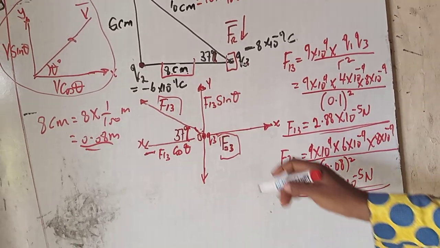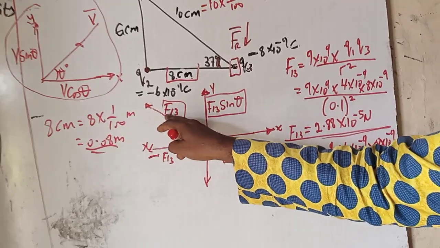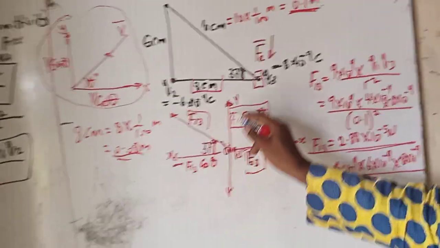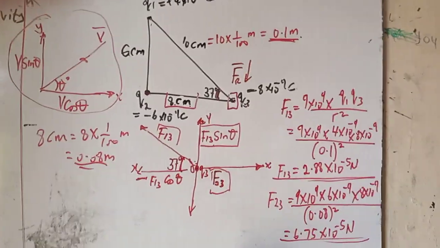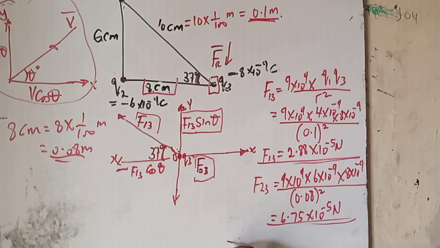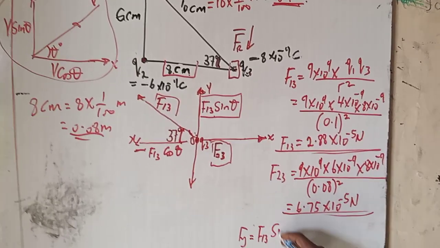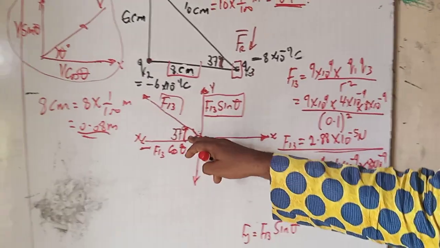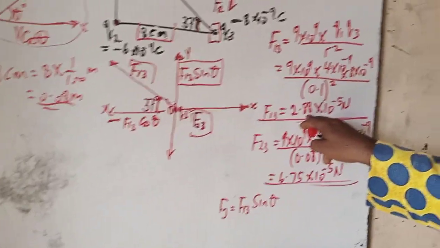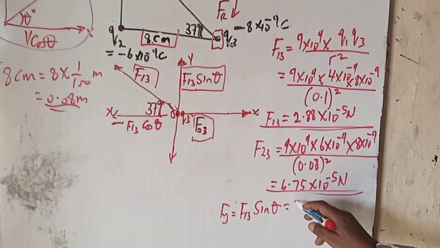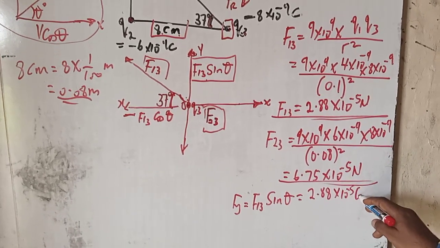Now I want to evaluate the components of force F13 along the vertical and along the horizontal. For the first one, along the vertical, I will write Fy is equal to F13 sine theta, and this theta is 37 degree, and F13 is 2.88 times 10 raised to minus 5.